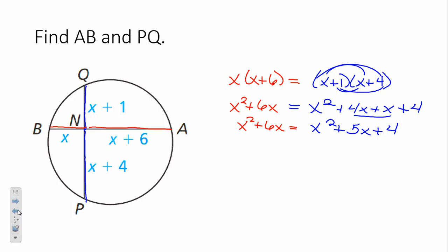Explain again. Why haven't we had to FOIL them out and square things? So are you talking about the segment relationships or the angle relationships? Okay.